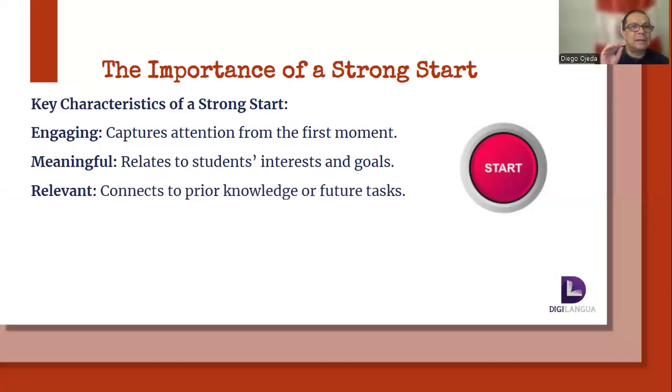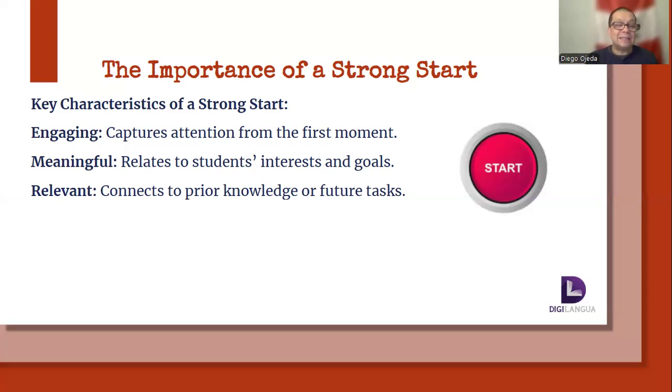So, a strong start is also relevant in the sense that it has to connect with prior knowledge, and not just language prior knowledge, but also knowledge that they have acquired, yes, in other subjects, but as well outside of the classroom. The knowledge that they bring with them from their own personal experiences with their families.